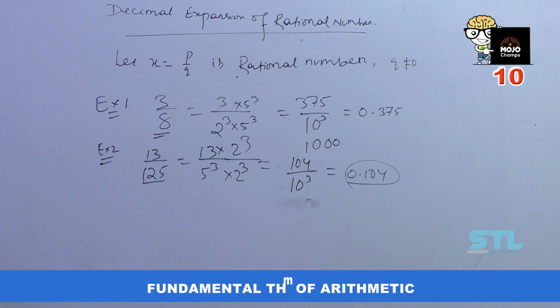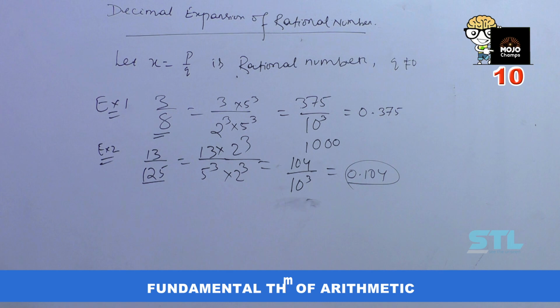Okay, so what does it conclude? That if the denominator q can be expressed in the form of 2 to the power n into 5 to the power n, then its decimal expansion will be terminating. And if we cannot express it in the form of 2 to the power n into 5 to the power n, like the example 1 by 7, then it is non-terminating and recurring.